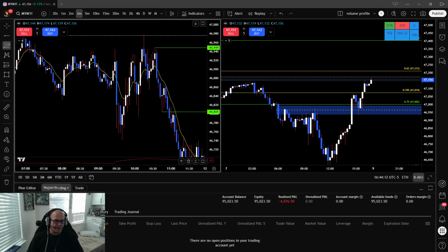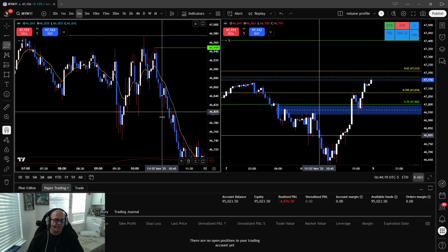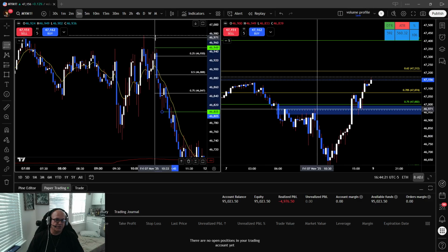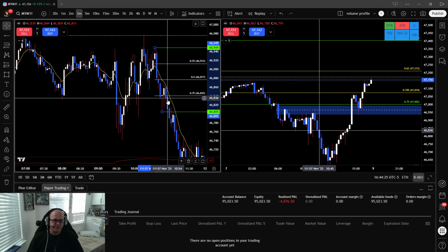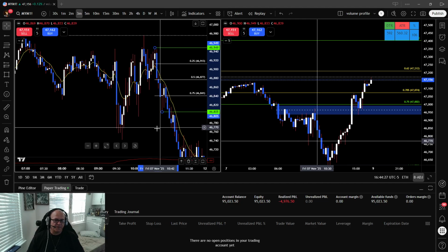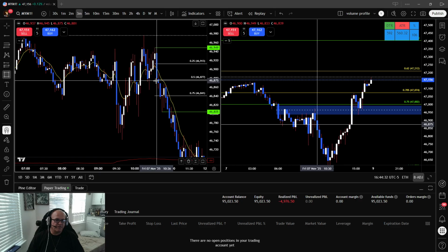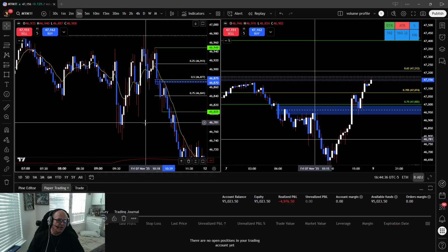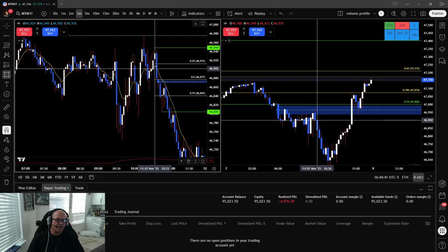I come down and I grab my mini quads. And I will go from this swing low to this swing high, and I will put some zones on my chart. I also have this fair value gap right here, the 3 minute fair value gap there, and I have a 3 minute fair value gap here.